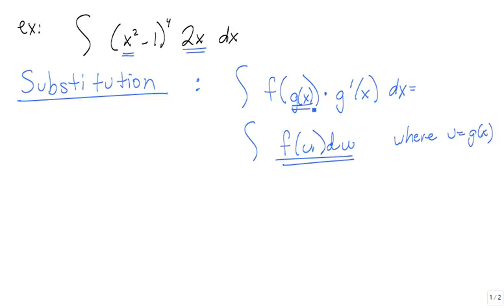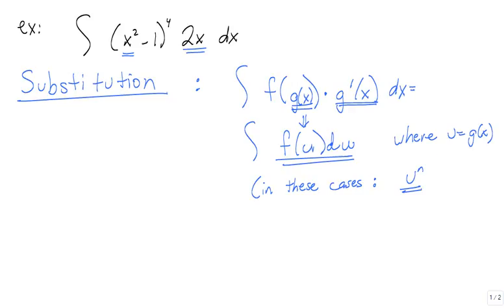So if you have a function inside another function and its derivative on the outside, then we can change it to this function here. In these cases, it's going to be x to the nth or u to the nth. I'm going to change everything to u to the nth.